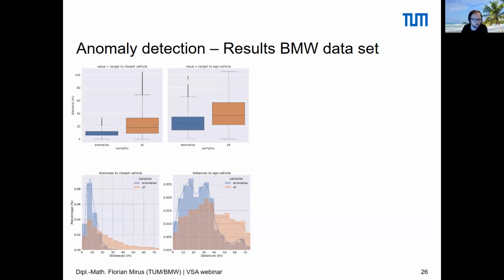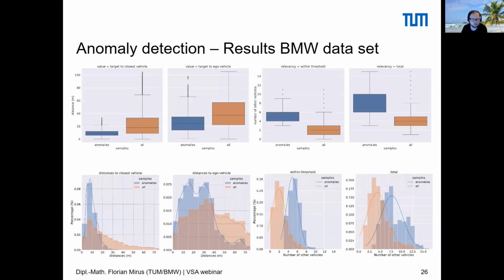And we can see again that the anomalies detected by the network look very different. So again, these anomalies tend towards crowded situations with small distances, where we don't see this tendency too much in the overall data set.